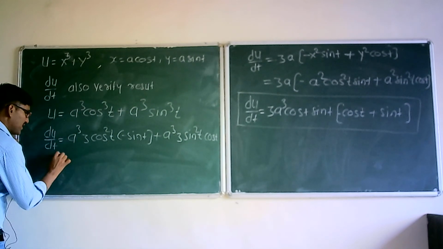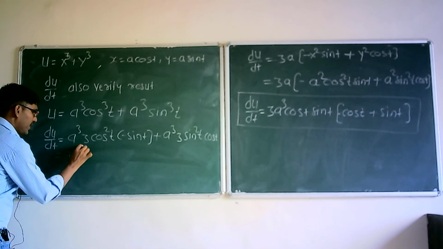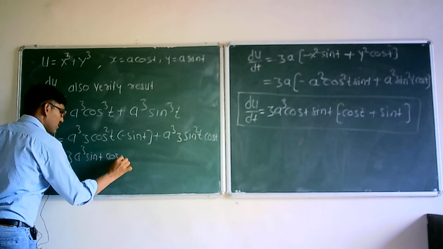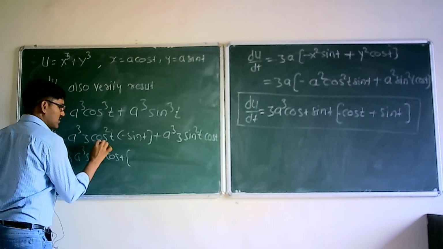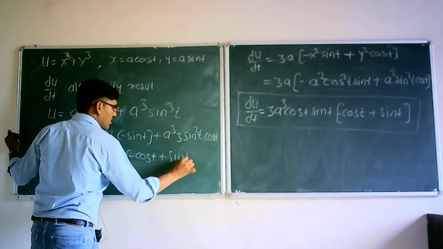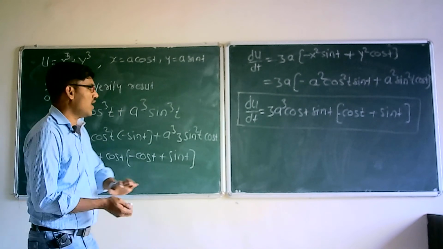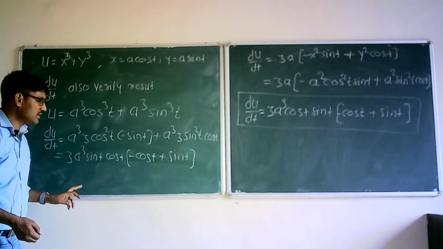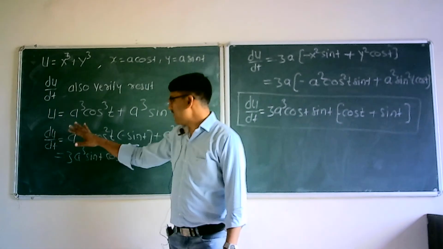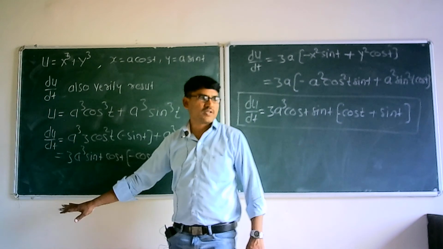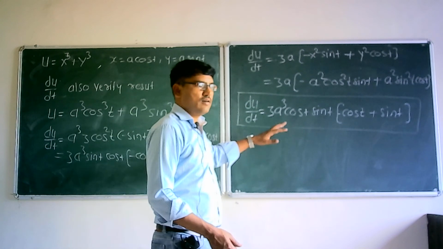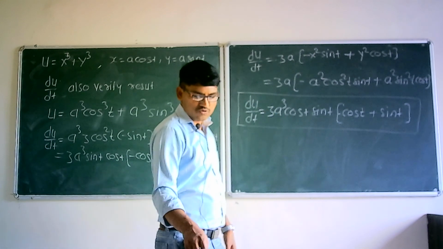So if you simplify this, take thrice a cube outside, sin t cos t outside, then what is left? Here minus cos t and here plus sin t. And from equation number 1 and 2, you can see it is the same total derivative, but here we found this total derivative by using the composite function, and there we applied the chain rule. So hope you understand.